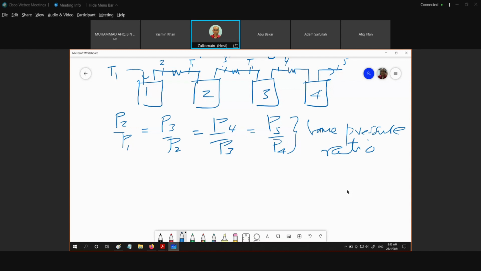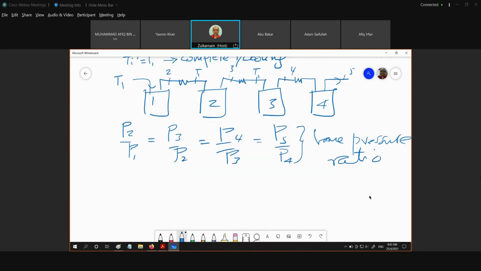And dalam kes ni, apa kita punya overall pressure ratio? Apa yang dimaksudkan dengan overall pressure ratio? The maximum pressure divided by the minimum pressure. Okay?